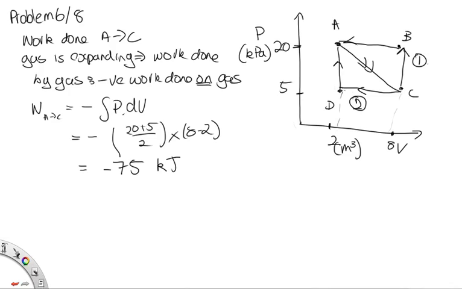Okay, now we have a choice. We need to calculate both. We'll start with path 1. So path 1, from C to B, there's no work as volume does not change.